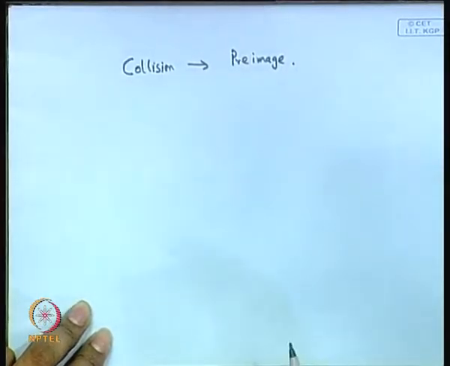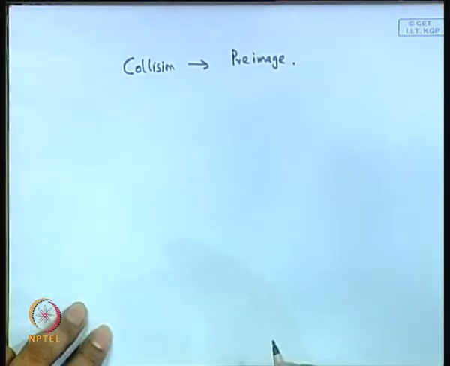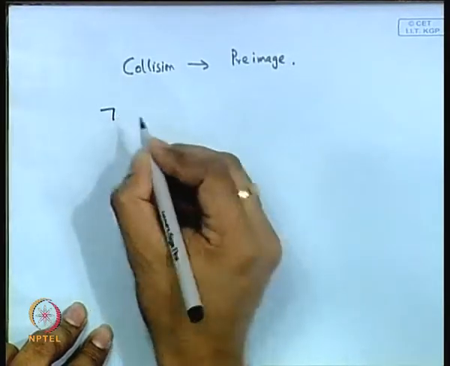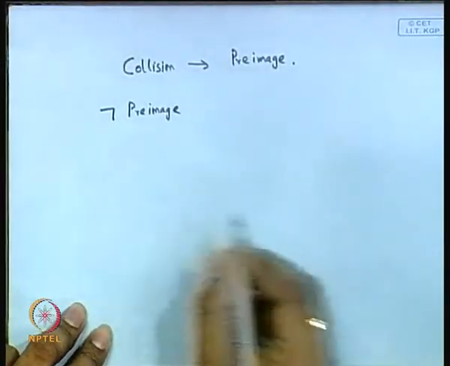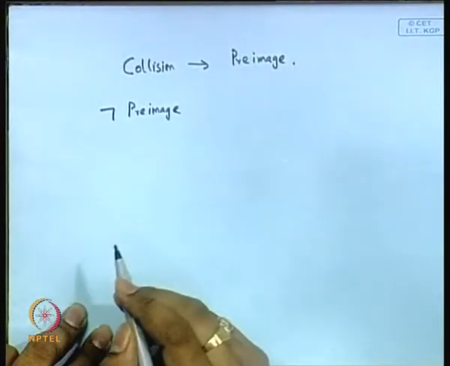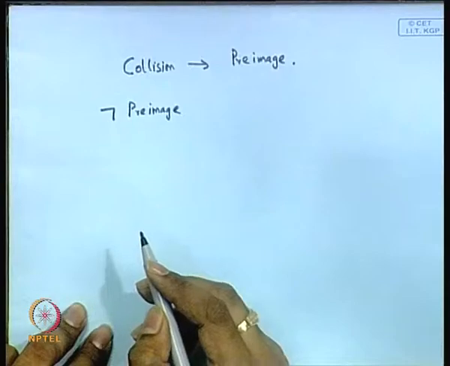Suppose I assume that the pre-image problem can be solved. So I can write in notation terms: suppose not pre-image problem. I am saying that the pre-image problem is not hard; there is some good algorithm which can solve it.